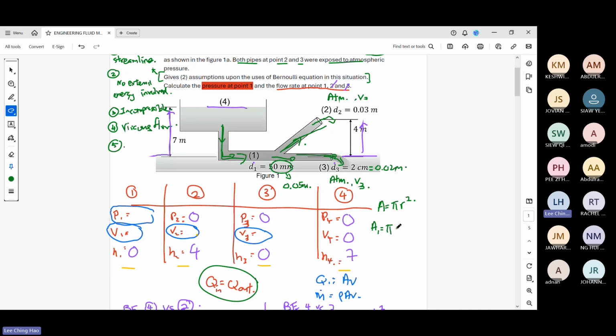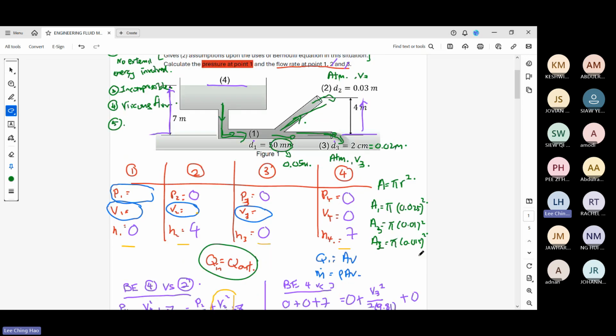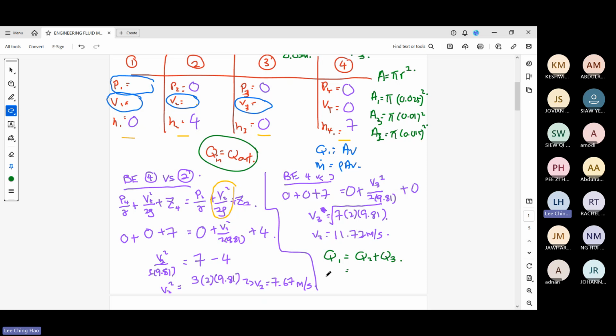Then only you convert: pi for 1, 0.025 squared. For A2, again, you list out everything. Pi 0.01, oh sorry, this is 3. For 2, pi 0.015. So there you can find Q2 and Q3, and based on here you see A1 V1, A2 V2, A3 V3.